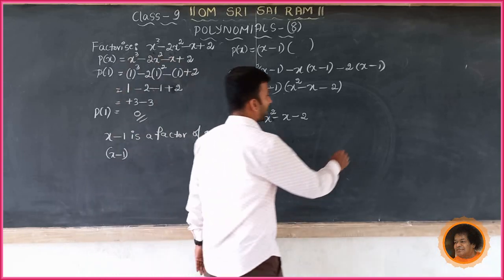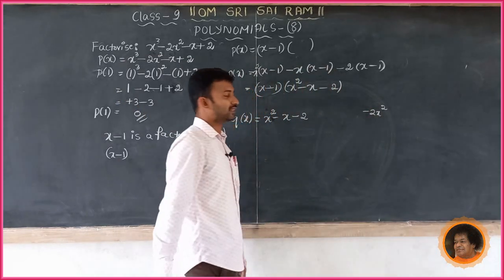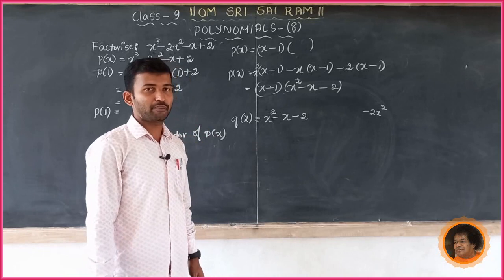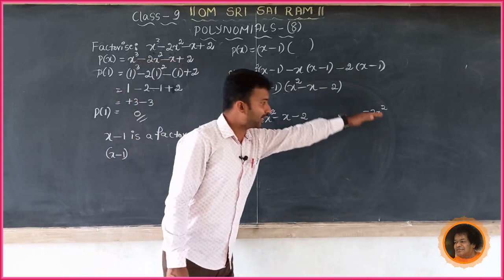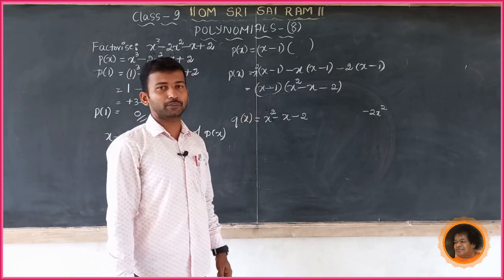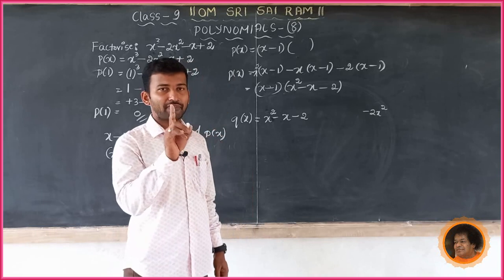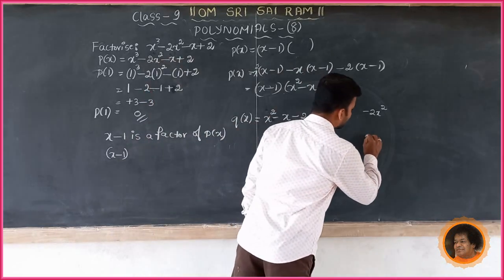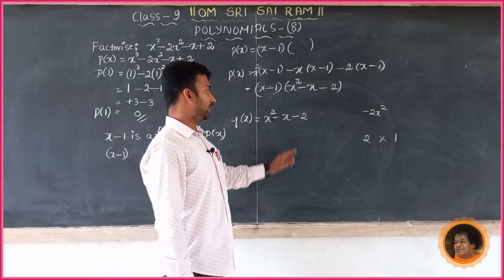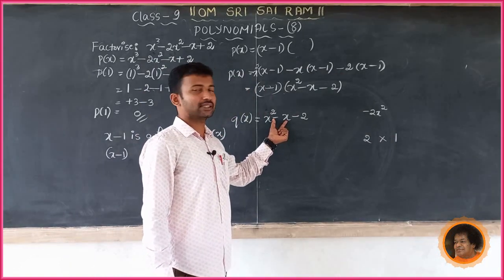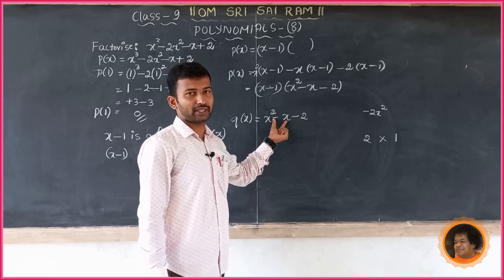Yes, first we should find the product of the first and last term, that is minus 2x square. Then we have to find the possible factors of minus 2. The one and only set of factors is 2 and 1. But we need minus x as the middle term of this quadratic polynomial.